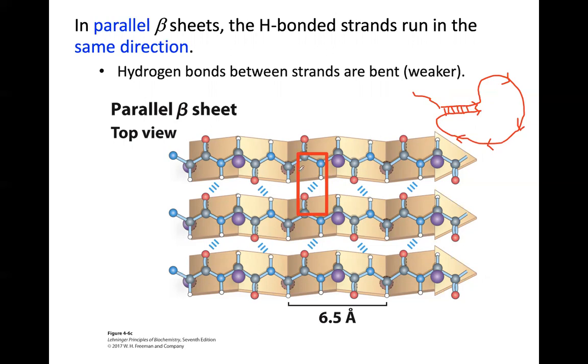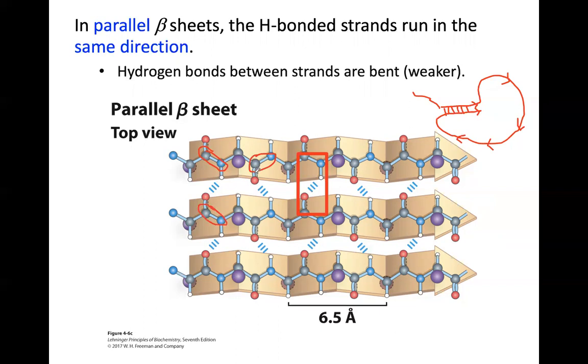So this is parallel beta sheet. Now here's the amide bond, amide bond, amide bond, and you can see what happens. They alternate. The two amide bonds come close to each other, and so the carbonyl of the second one will serve as the hydrogen bond acceptor, and the NH will serve as a hydrogen bond donor.